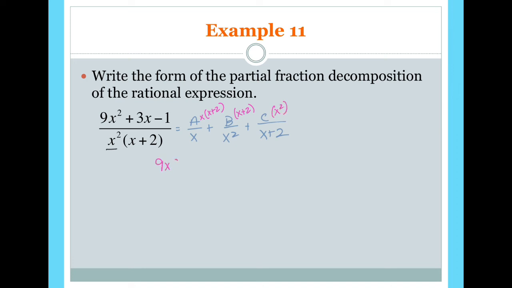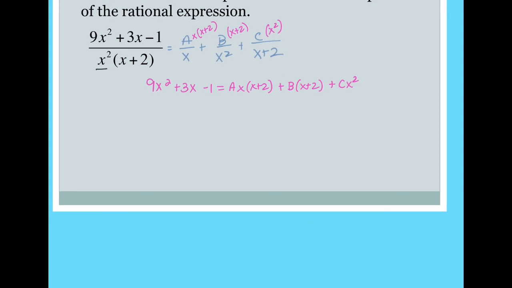Rewrite out your numerators. Distribute here and here. Ax squared plus 2ax plus bx plus 2b plus cx squared.